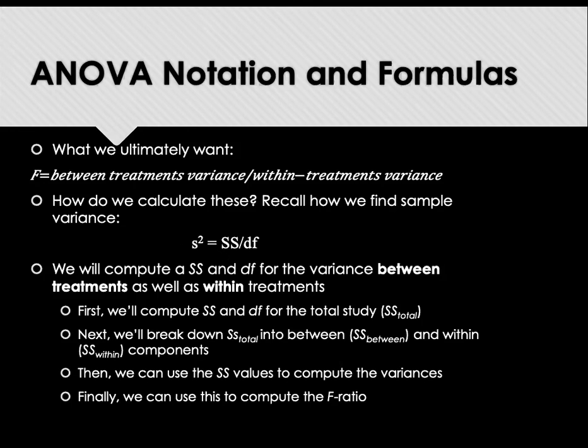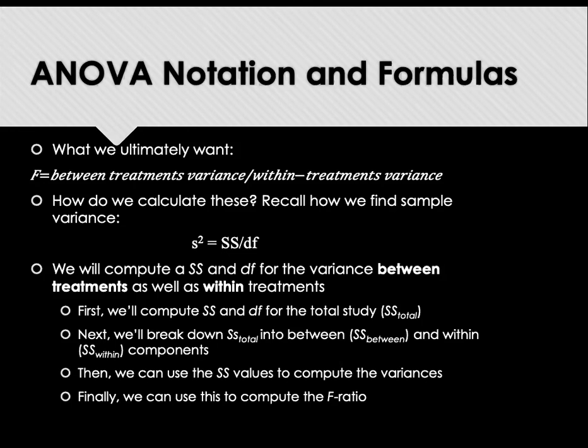Maybe look back at chapter 2, I don't remember, but look back at the section that talks about variance. Variance is equal to the sum of squares divided by degrees of freedom. And so what we're going to be doing is computing a sum of squares and degrees of freedom value for the variance between and variance within.